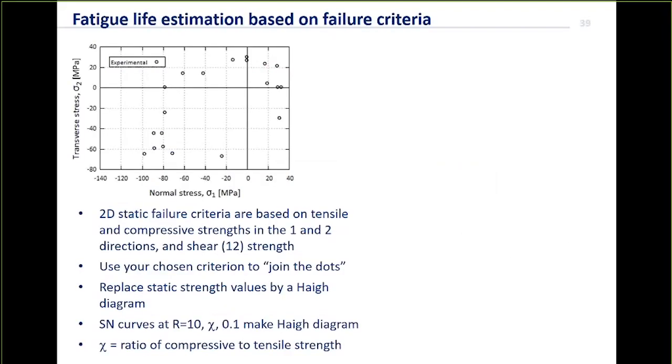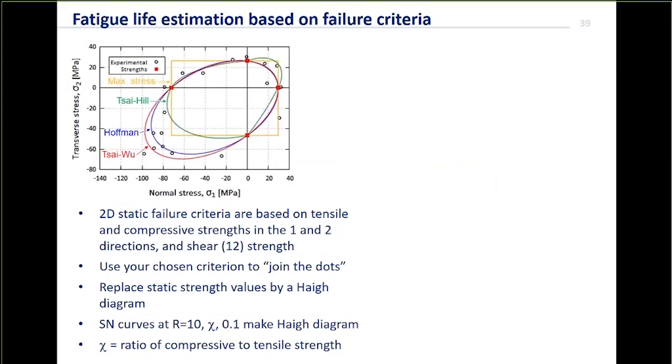So we already talked about static failure criteria. A static failure criterion allows you to take static strengths in the fibre and transverse directions, and also for shear, and based on some assumption you can then have a failure envelope, which is based on your favoured damage criteria, failure criteria.